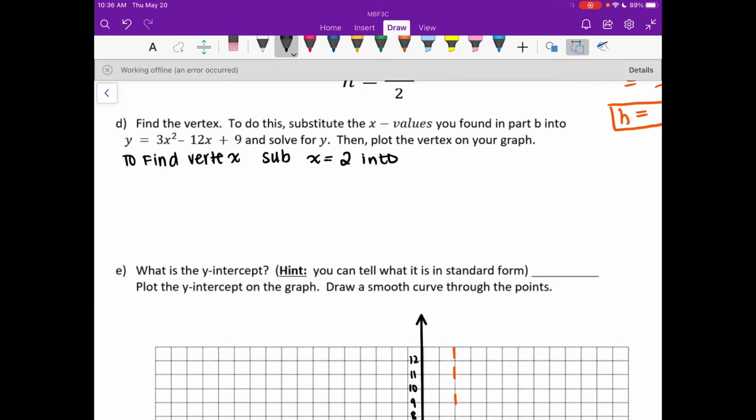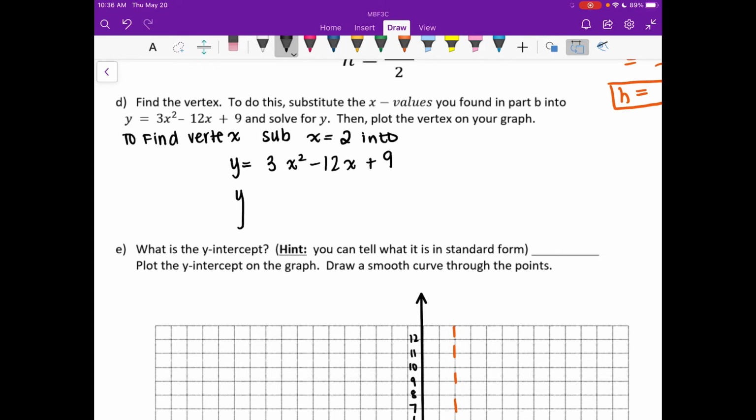So let's do that. So let's do y equals 3x squared minus 12x plus 9 into the original always. Y equals 3 times 2 squared minus 12 times 2 plus 9.